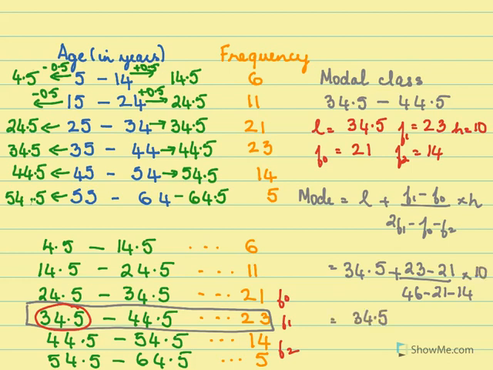So 34.5 plus, we work this out to get 20 over 11, and the answer comes 36.32 approximately. So this is your mode. The mode of this is 36.32.